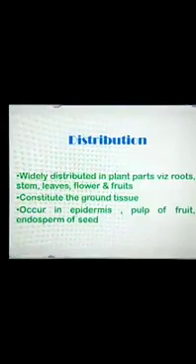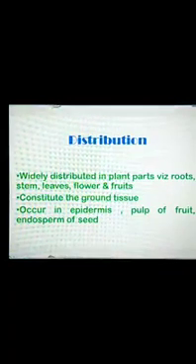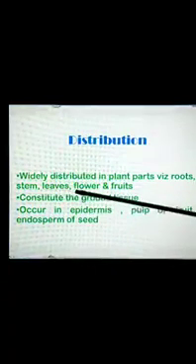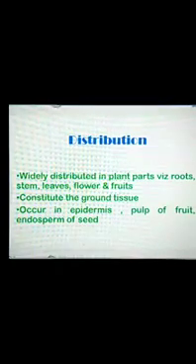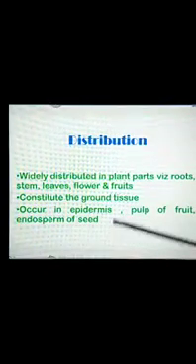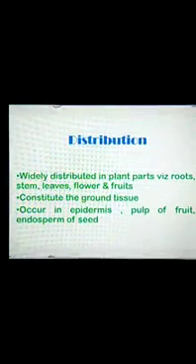Now the distribution of parenchyma tissue. As I told you, parenchyma tissues are widely distributed in plants in many parts, like roots, stem, leaves, flowers, fruits. They are mostly present in the soft parts of a plant and form the ground tissue, meaning the ground substance of a plant is made up of parenchyma tissue.